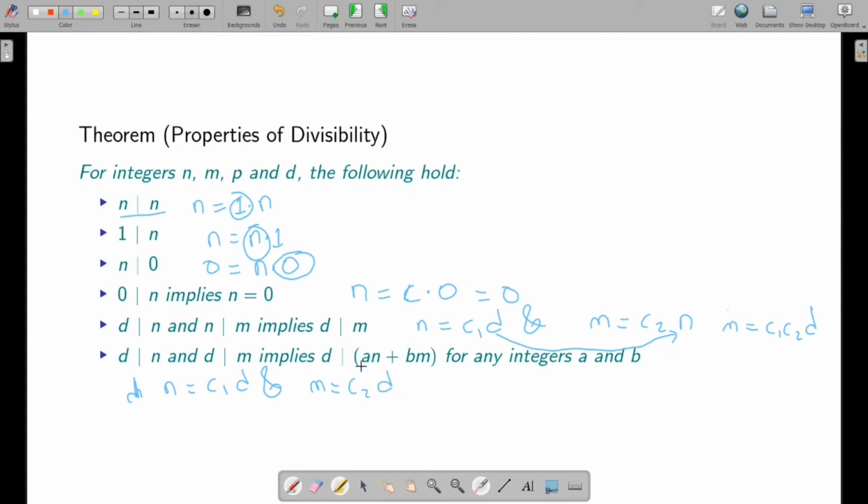Let's check what an plus bm is. That will be d times a c1 plus b c2. Here again, you have an integer multiple of d equals an plus bm, which means that d divides an plus bm. Okay, so these are quite simple.